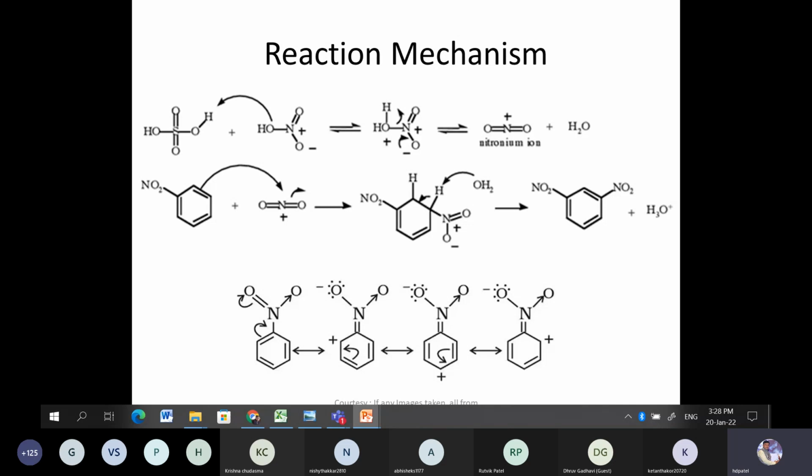Now, how to perform the TLC? We have to take 1 drop of the reaction mixture. That 1 drop of reaction mixture we have to put on the TLC plate, and along with this, 1 or less than 1 drop, you have to take nitrobenzene.